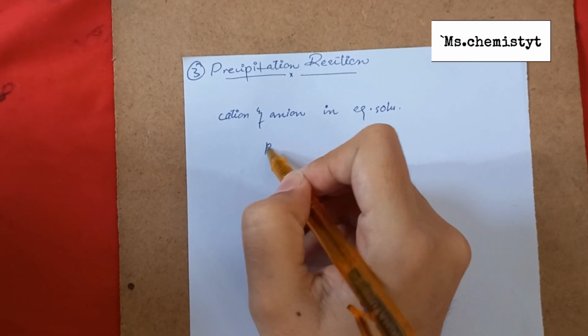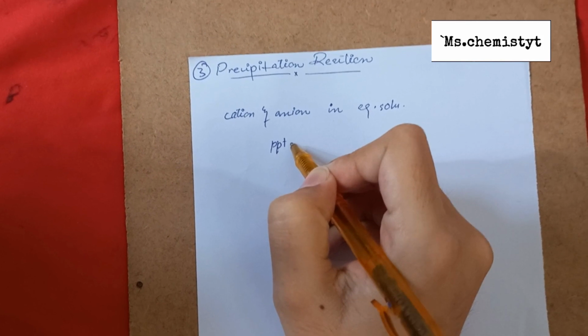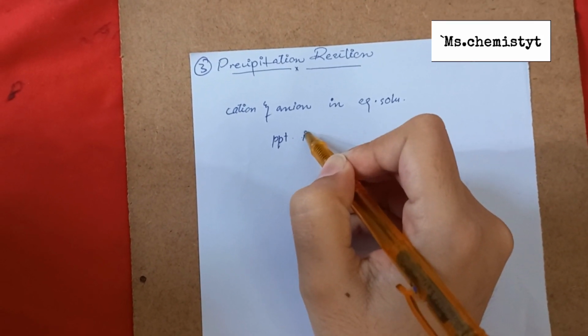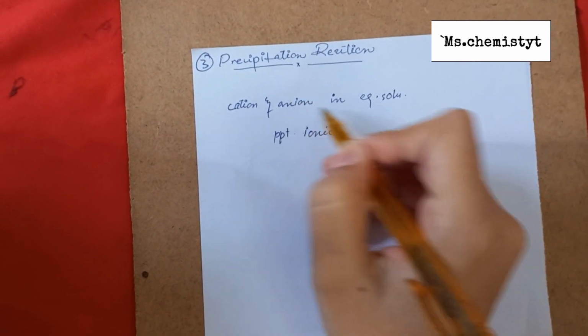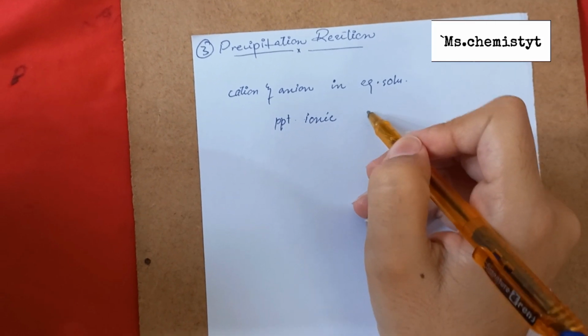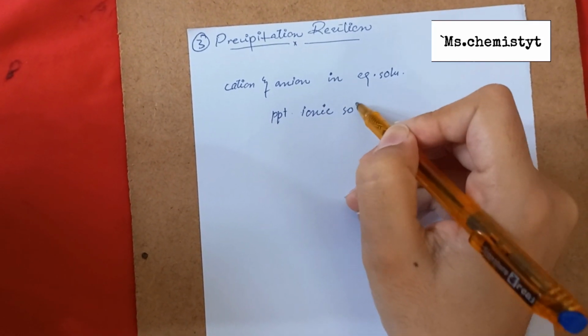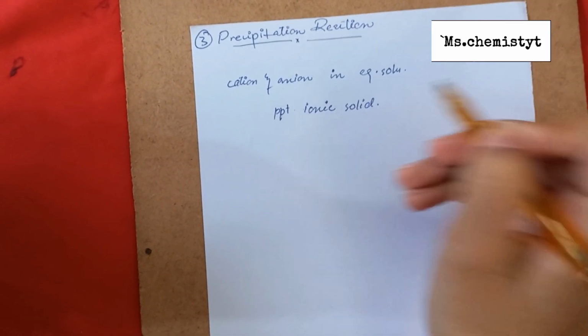So the precipitate is basically the ionic solid which is formed by the cation and anions. Precipitate is the ionic solid.